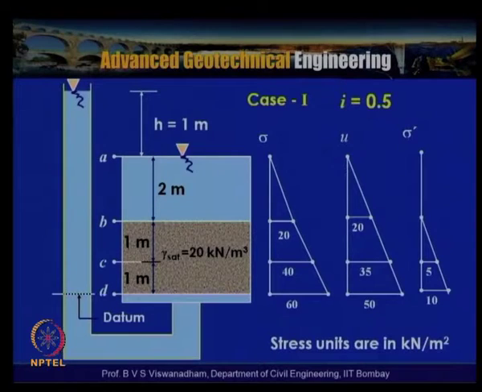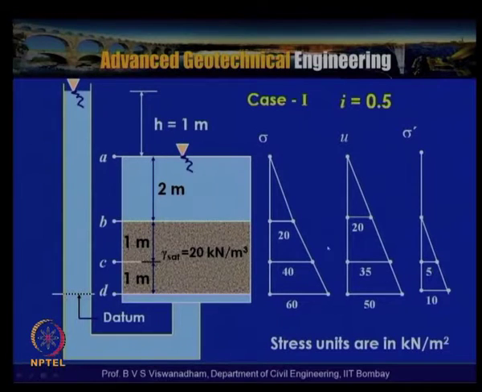With this, when we plot the diagram with D, C, B and A at these points, the total stress in units of kilonewton per meter square can be plotted as 20, 40 and 60. And the pore water pressure, with the total heads we have derived, is 20, 35 and 50 kilopascals, or kilonewton per meter square.